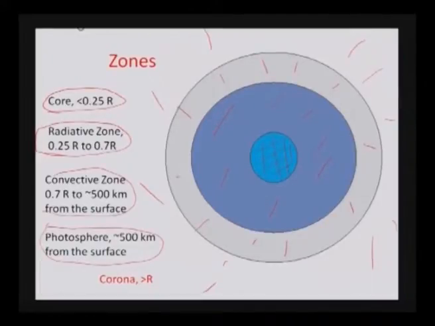Convection, you are all familiar with, you learnt what convection is in school days. When you put some water or some liquid on a stove, the lower portion gets heated, and that lower portion of the liquid rises up, and from the upper portion the colder mass comes down.